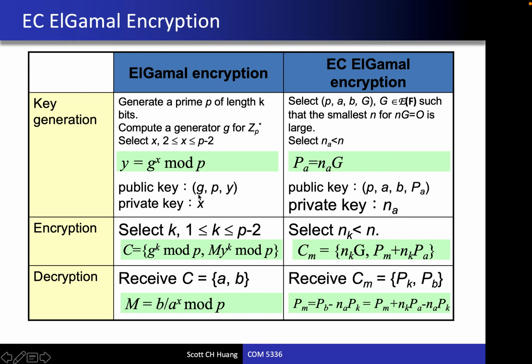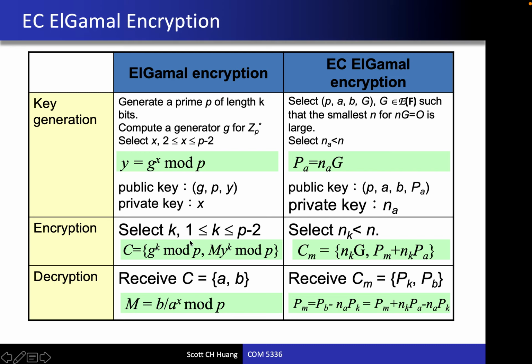Okay, the public key is G, P, Y. This public key contains the public information of the elliptic curve, plus this is your real public key, and then this is the public information of your group. Okay, and the private key is X. This private key is NA. Okay, encryption.